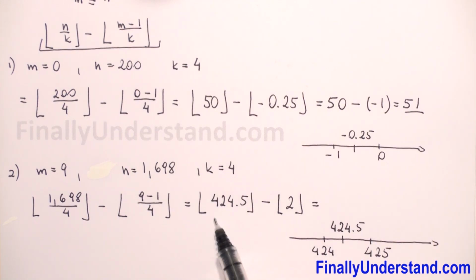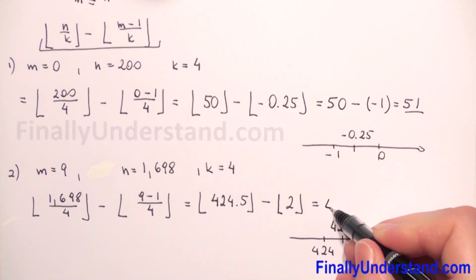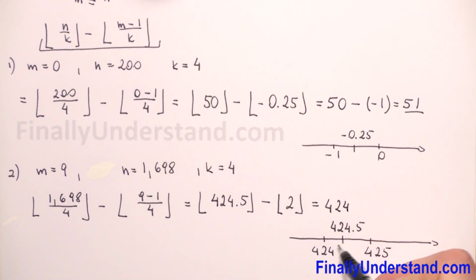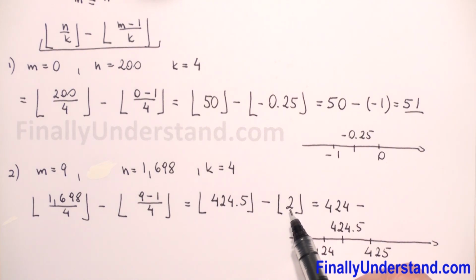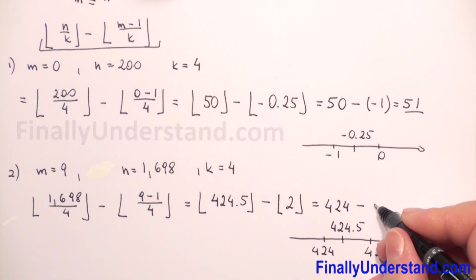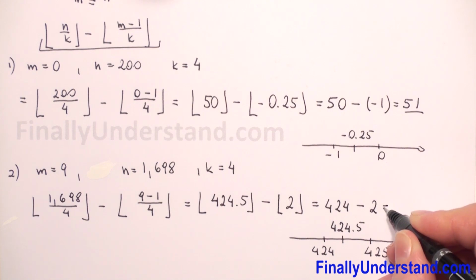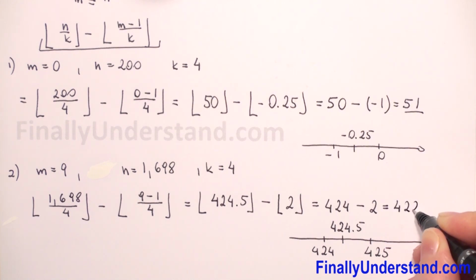When we have to find the floor of a number, it means we have to find the largest integer less than or equal to this number. Because this number is not integer, the largest integer which is less than this number is 424. It's always on the left side of our given number. And we have minus, and now we have floor of 2. 2 is integer, so it will be the same number, 2. So this is equal 422.